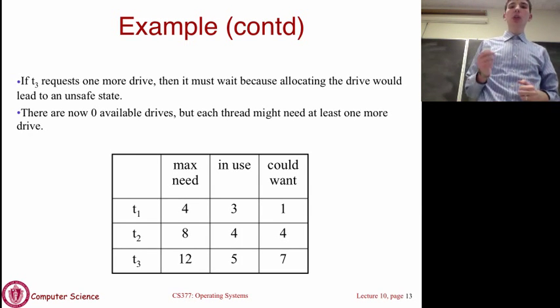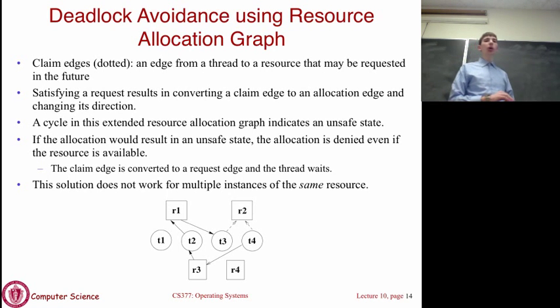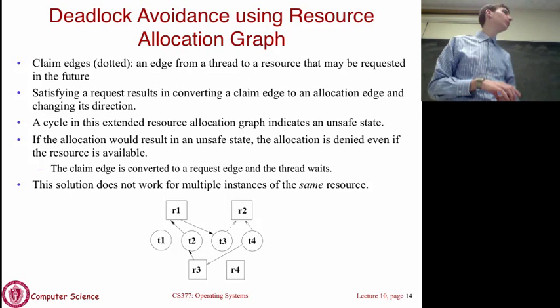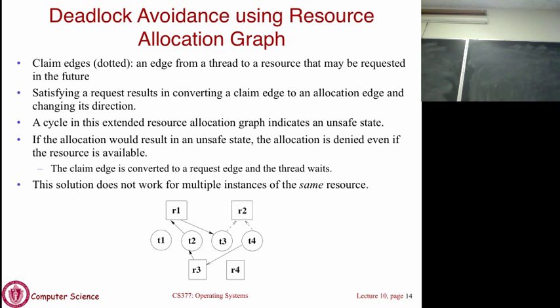Okay, so let's look at one way of doing deadlock avoidance by returning to our idea of a resource allocation graph. So remember, again, we have our threads and our resources and request edges and assignment edges. And we're going to introduce now a third type of edge, which are these dotted edges, which are going to be claim edges.